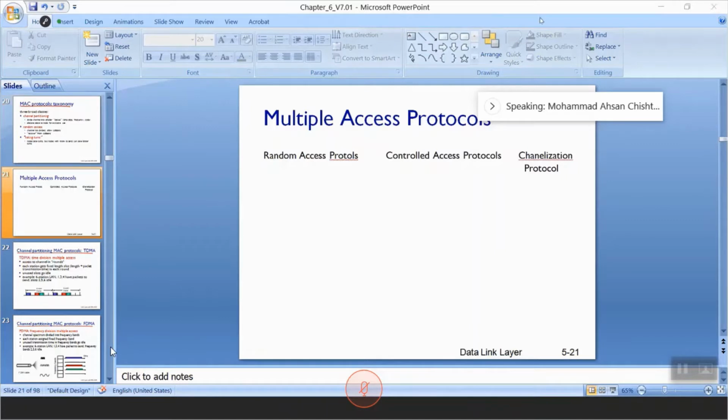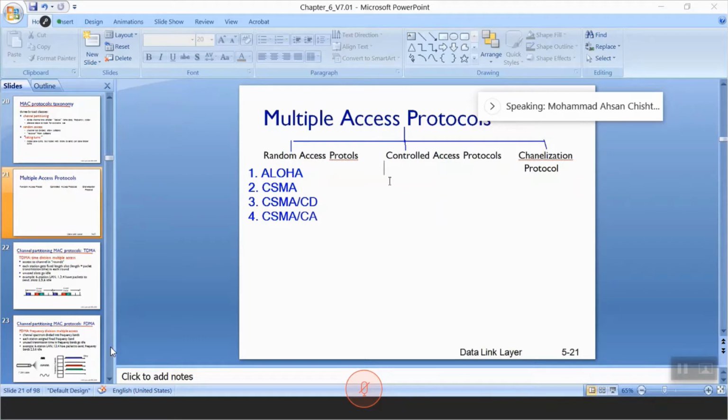And within this, for random access protocols, the first one is Aloha, the second is CSMA, the third is CSMA/CD, and the fourth one is CSMA/CA.